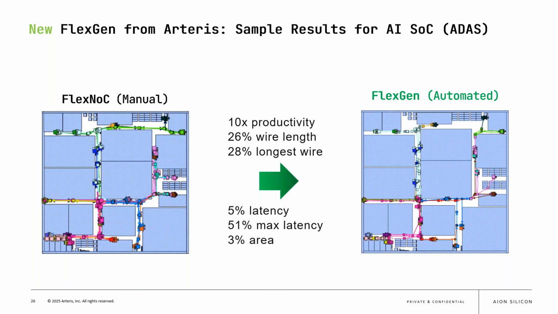And for AI and automotive designs, where complexity generally tends to explode, FlexGen turns what used to be a manual, expert-driven process into something that's really quite predictable, faster, and more scalable in far less time.